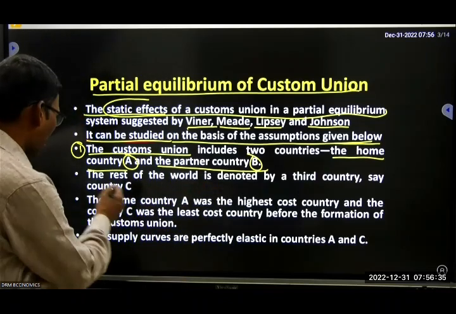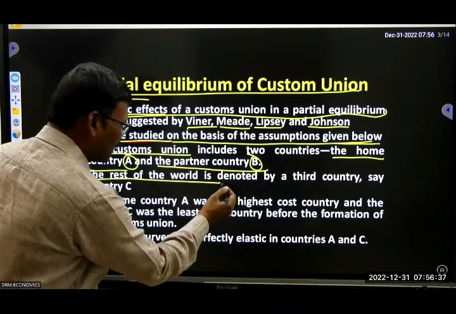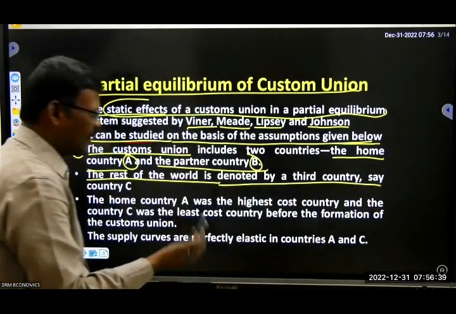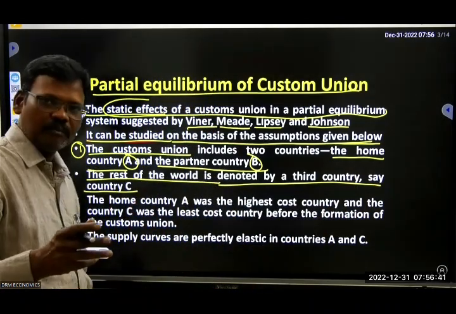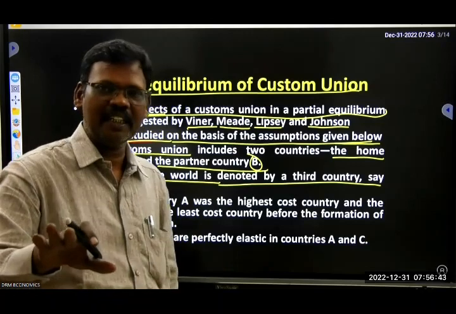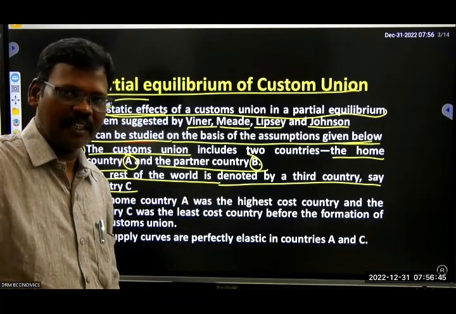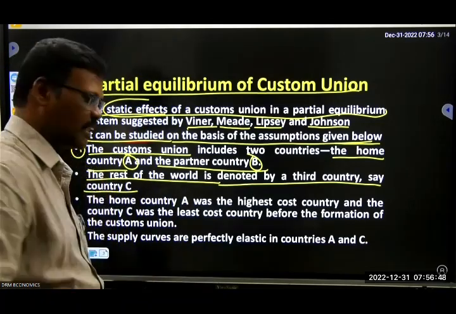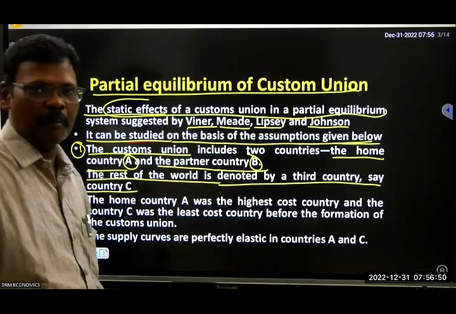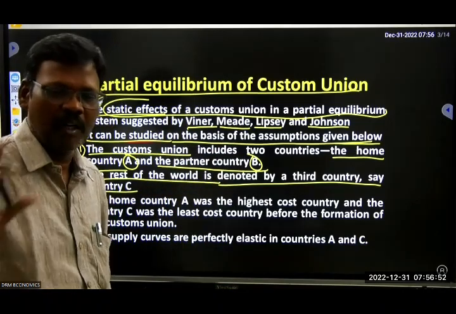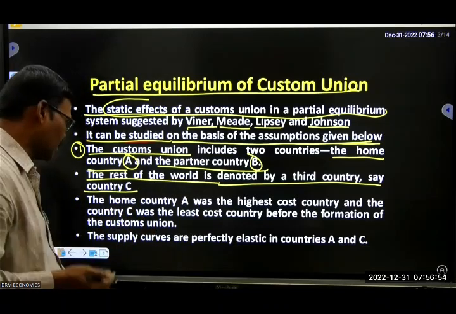Country A and country B. The rest of the world is denoted by a third country, say country C. We have two main countries and we can take other countries, such as Sri Lanka, Nepal, Afghanistan, Bangladesh, Burma.